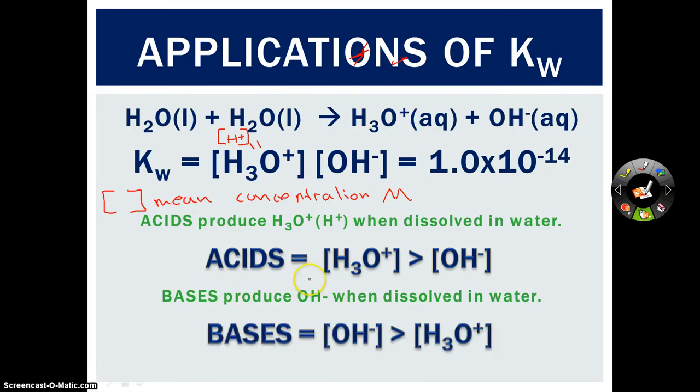The bases produce hydroxide, so it shifts the balance. Hydroxide concentration goes up. So to keep this constant, hydronium ion concentration goes down, and OH is greater than H for a base.